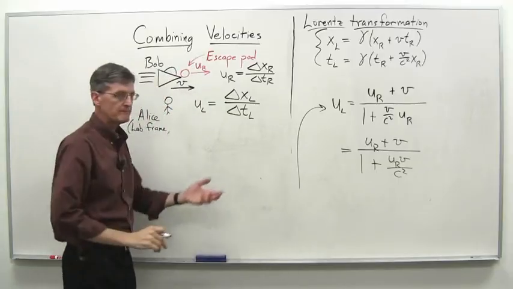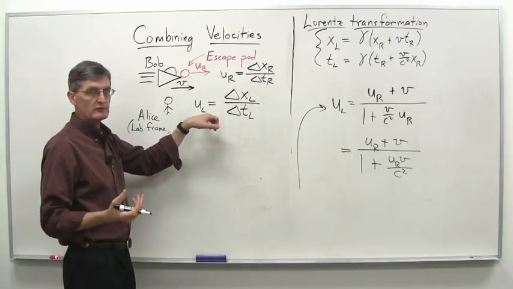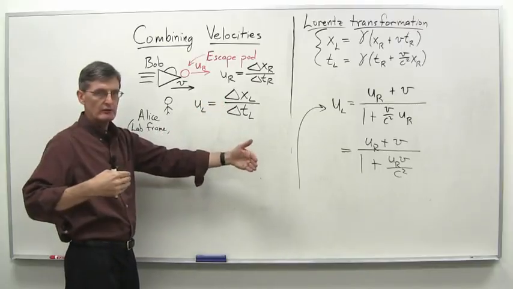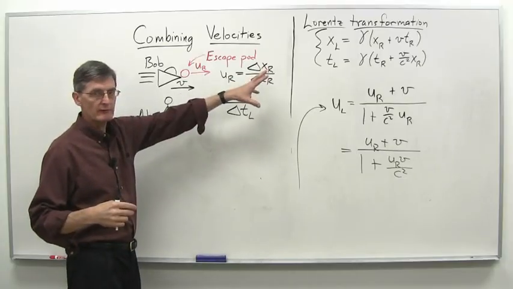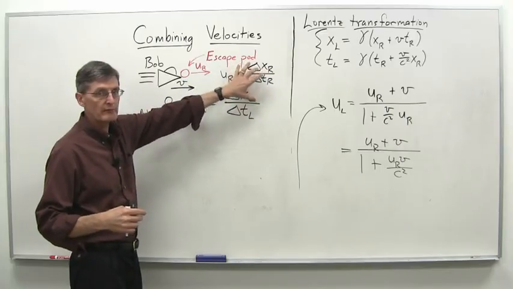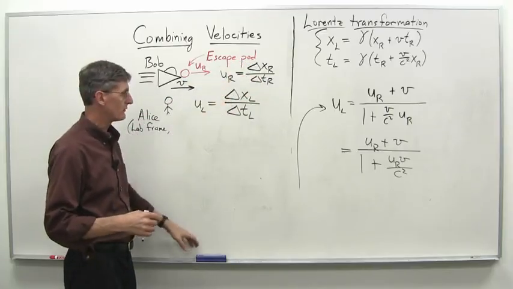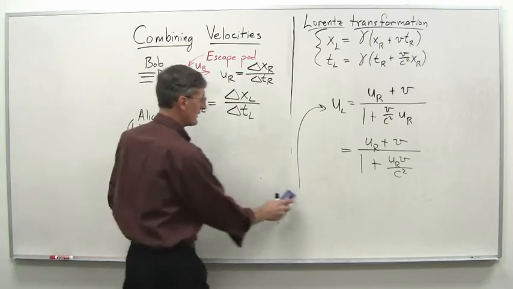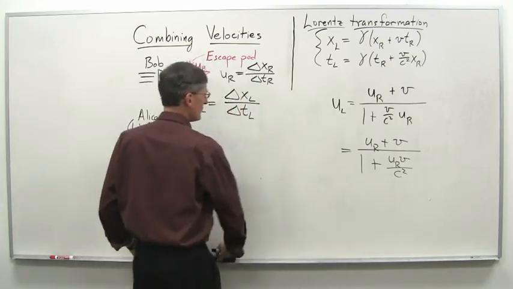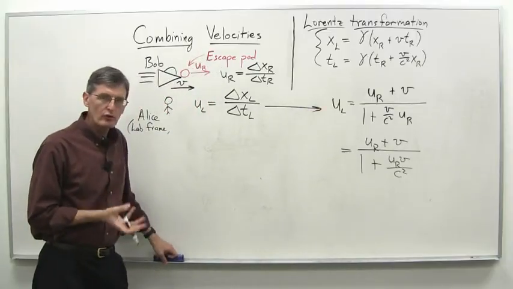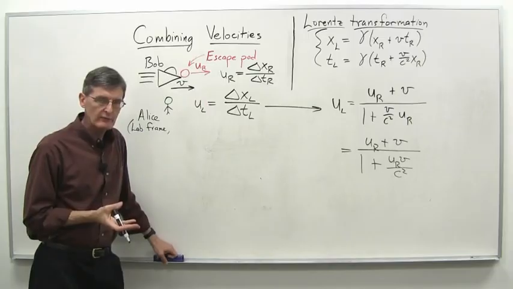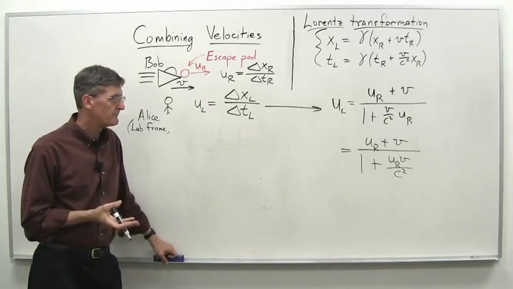And remember where it came from. We just said, by definition, velocity is change in position divided by the elapsed time. And we just use the Lorentz transformation equation to go from Bob's frame of reference to the version in Alice's frame of reference. And again, this is what we get here. So this comes over here. Well, it sort of looks like the Galilean transformation if you think about it.